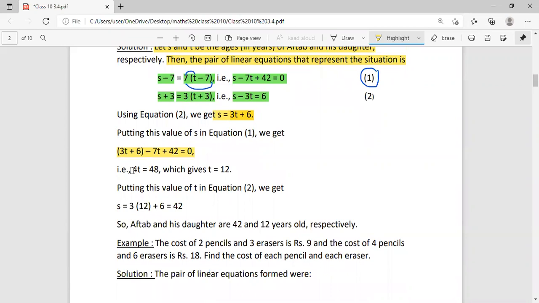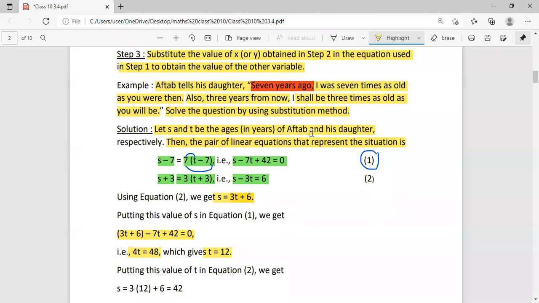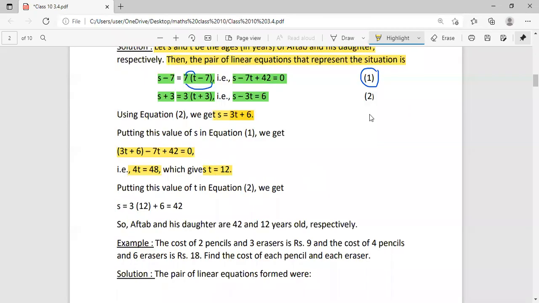Okay. Now, when we solve it, we can see that 40 is equal to 48, which means the value of T is 12. And what is T? T means the age of his daughter. Which means his daughter's age is 12.